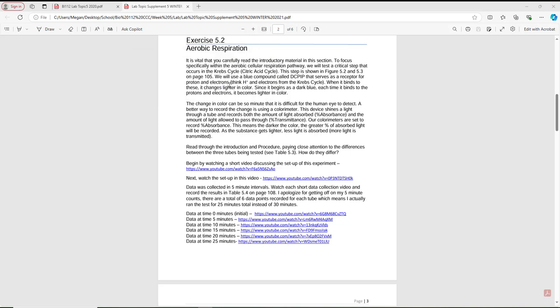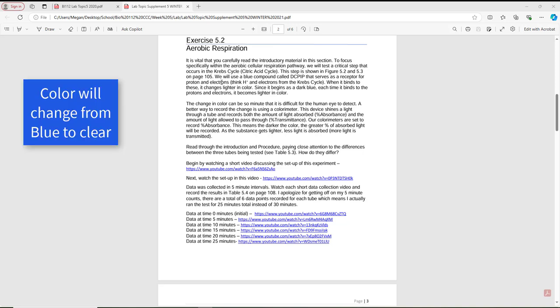So if you think about it, when do protons and electrons get used? So they're getting used during oxidative phosphorylation. So at the beginning of the experiment, the solution will be this blue color. But as oxidative phosphorylation takes place, the electrons and protons start getting used up. And so the color will start to lighten over time.